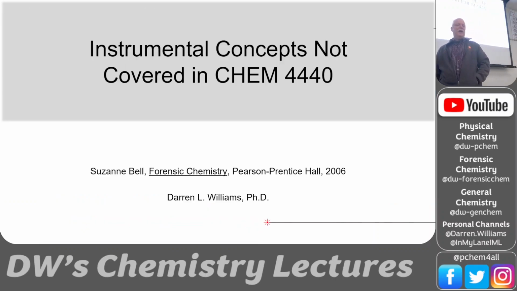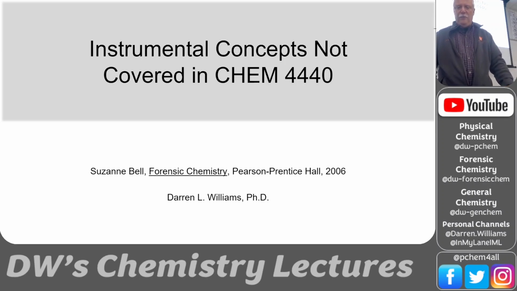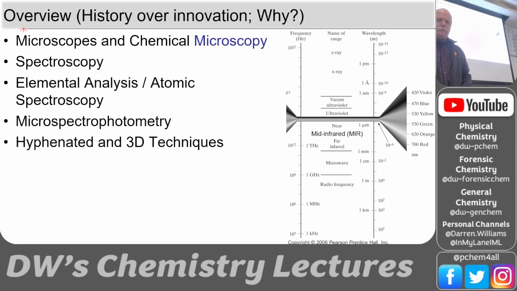We'll talk about instrumental concepts not covered in instrumental analysis. We'll talk about the instruments that we cover in 440, but also some that are relevant to forensic analysis and are not covered in the normal analytical chemistry degree. So we'll talk about microscopes and chemical microscopy.